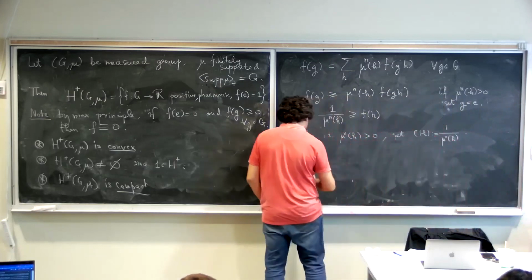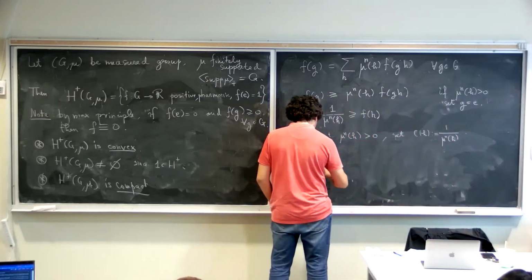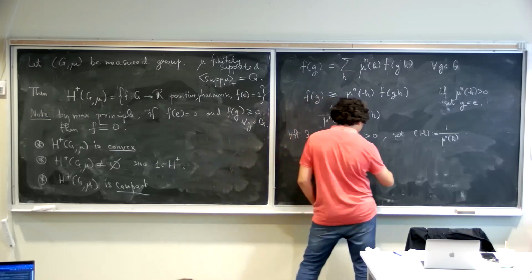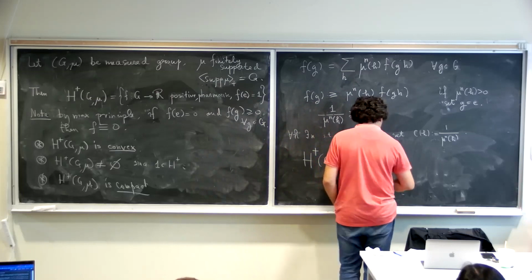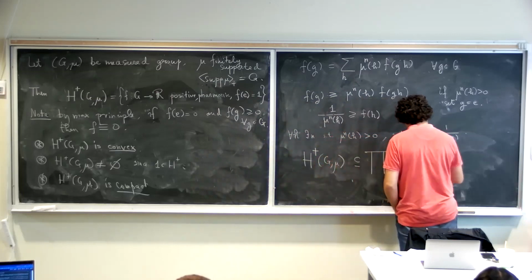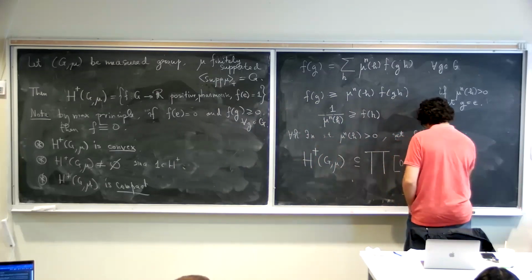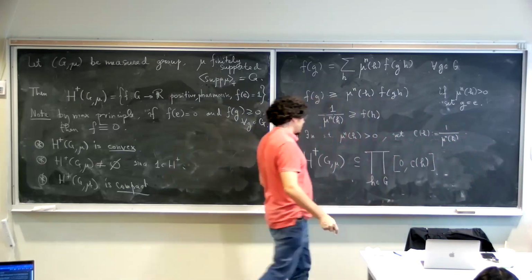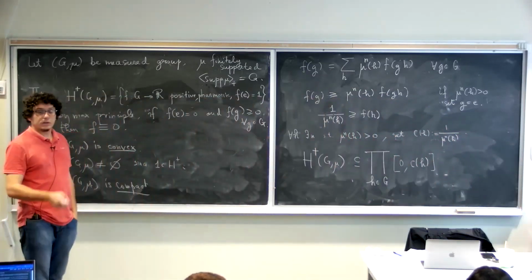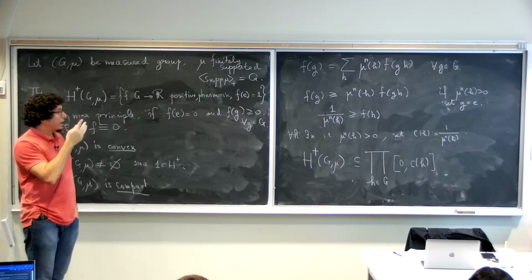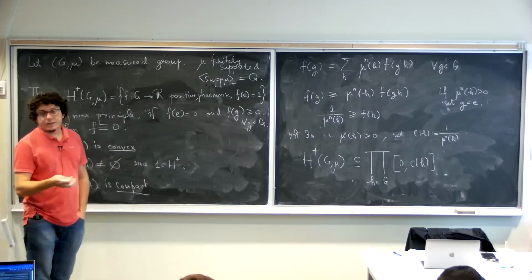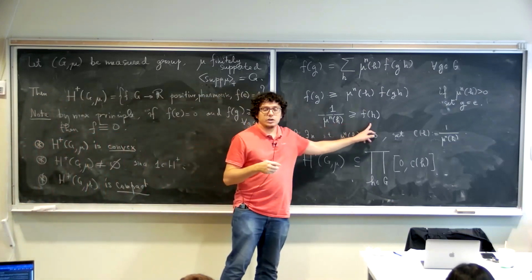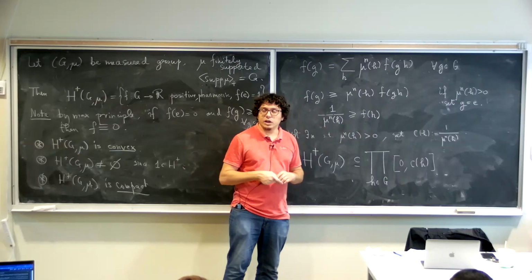So what do we see? We see that H plus of (G, mu) is contained in this product of intervals from 0 to C of h, meaning that for every point in the group there is a uniform upper bound on the value of f.